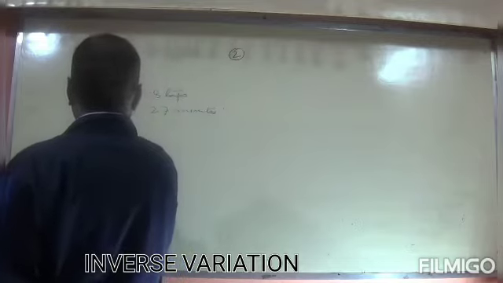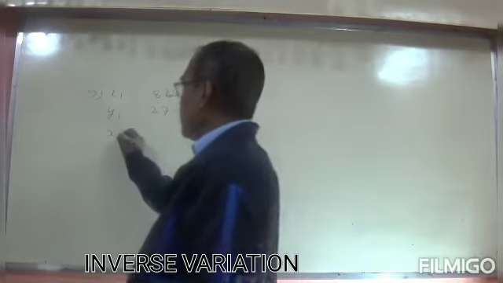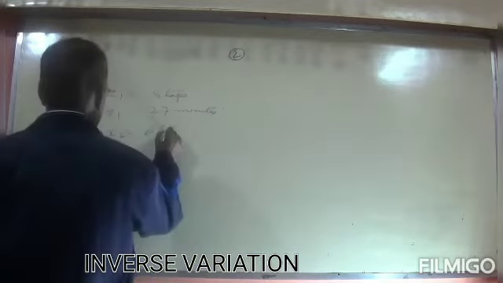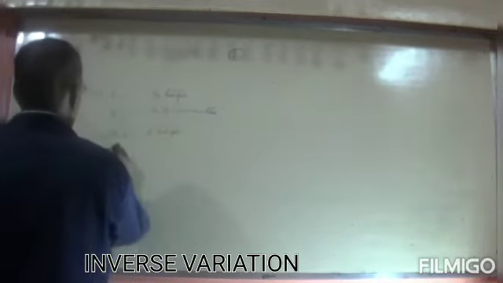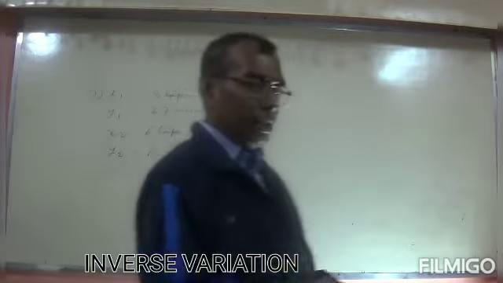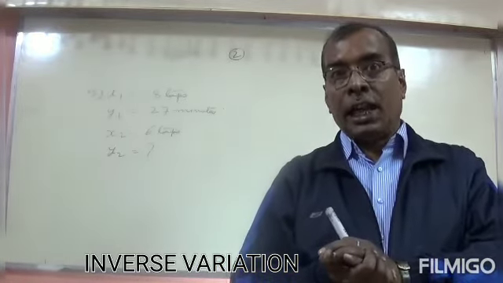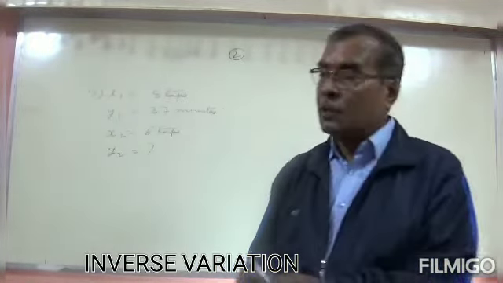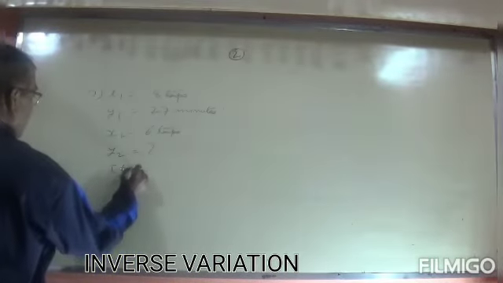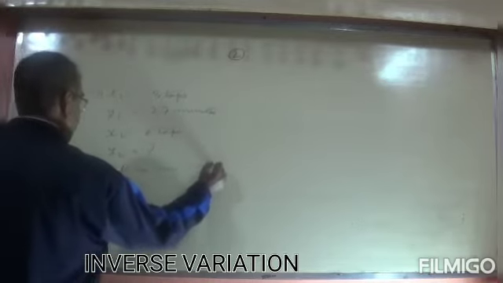Now x2, 2 taps are out of order, that is, a total of 6 taps are now working. So you have to find y2. How much time will it take? Number of taps will be less, then definitely time will be more. So it is inverse variation.